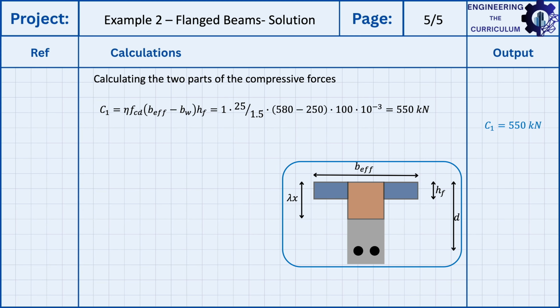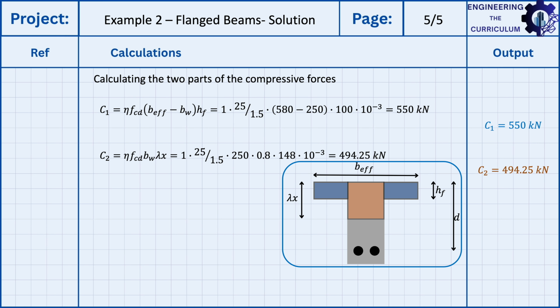If we multiply those, so 1 times FCD, which is the strength of concrete divided by the safety factor of 1.5, times B effective minus BW, so 580 minus 250, times the height of the flange 100, and then times 10 to the minus 3, just to organize my units from newtons to kilonewtons, I get 550 kilonewtons. That is the compression force that the flanged bits of the section provide.